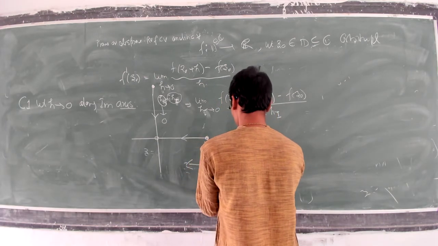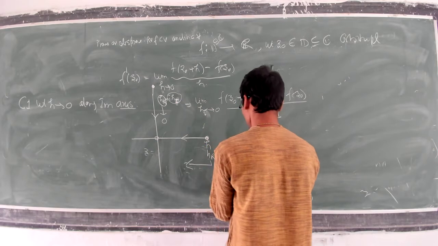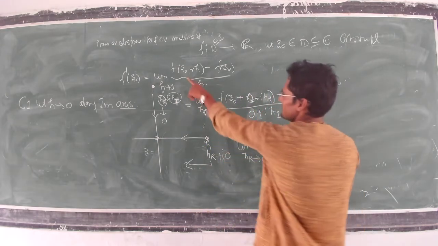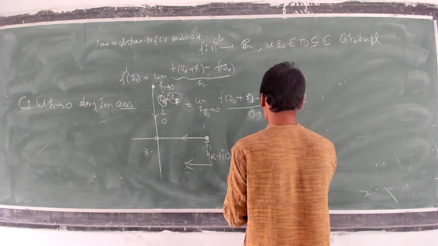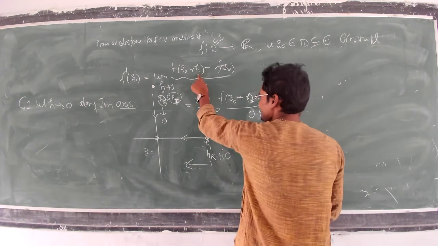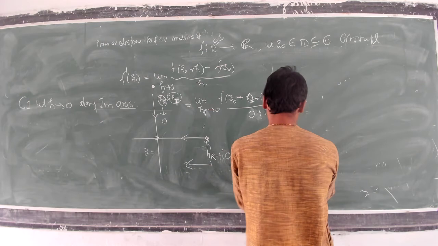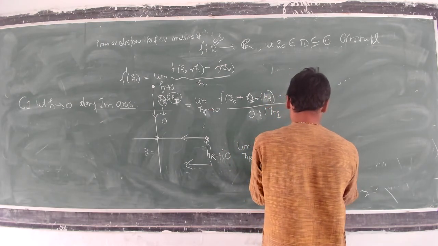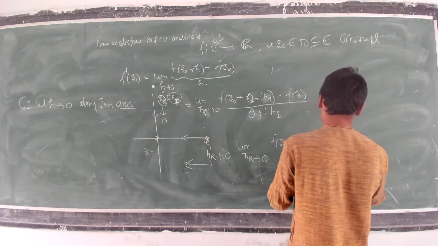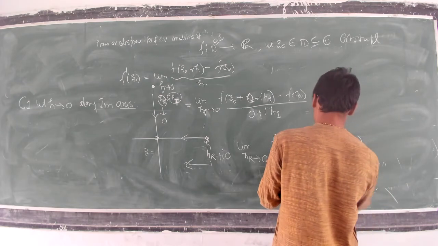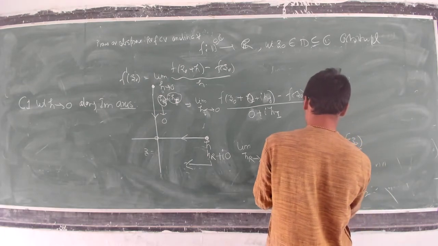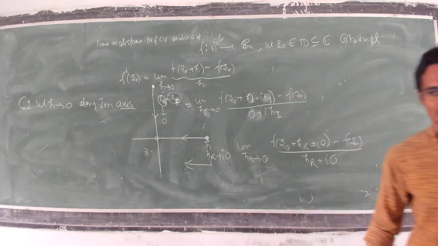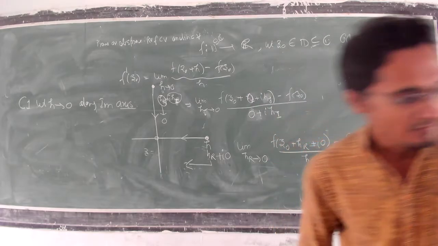The limit as hI tends to 0 of f of z naught plus iota hI, minus f of z naught, upon iota hI. Is it fine to everyone?